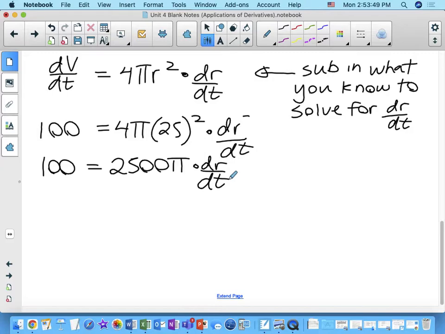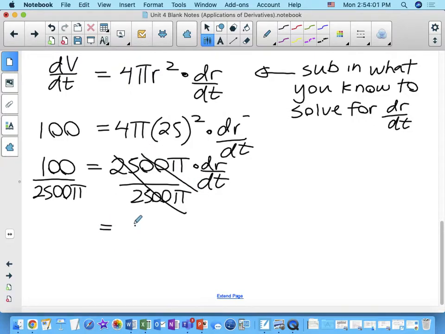So then we just divide by 2,500 pi, and we're going to get that dr by dt is 1 over 25 pi. Realistically, you'd probably want to know the decimal approximation of the value of the rate of change here.